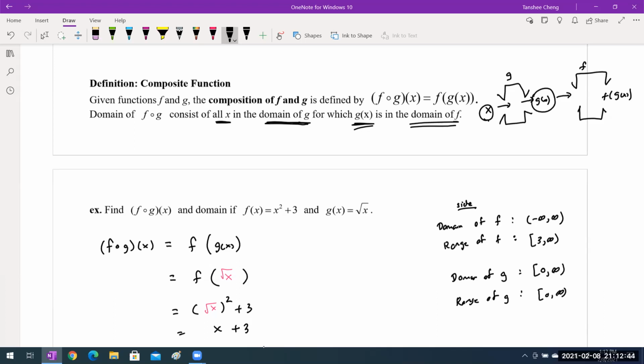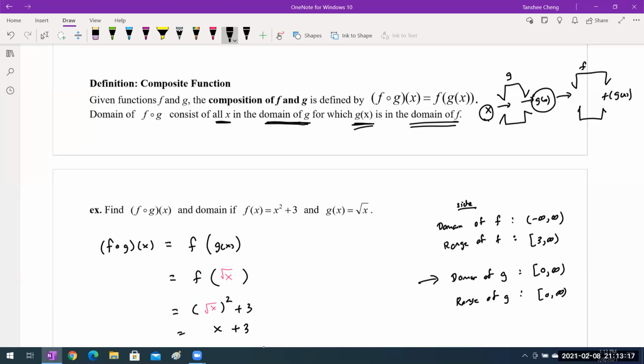So notice that this range is part of the domain of f, because the domain of f is every number between negative infinity and positive infinity, which includes every value in the range of g. So therefore, what that tells us is the domain of g is also in the domain of f.